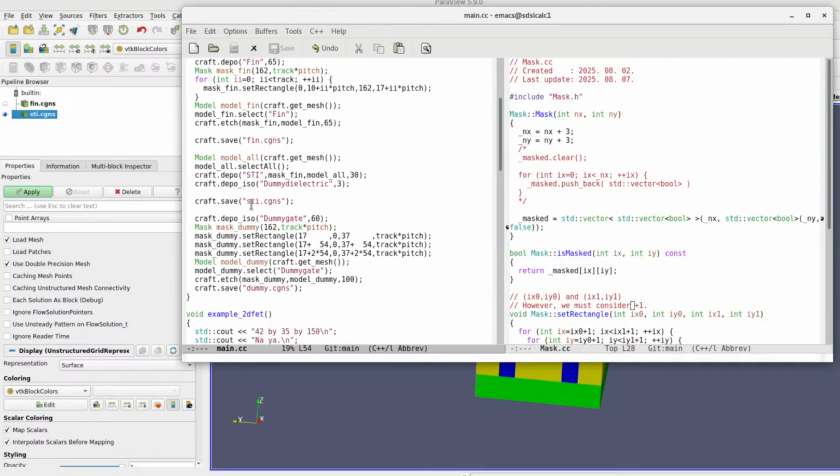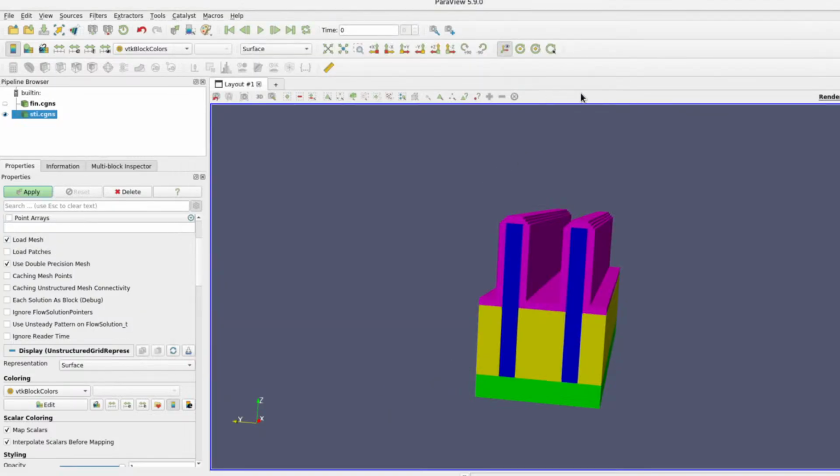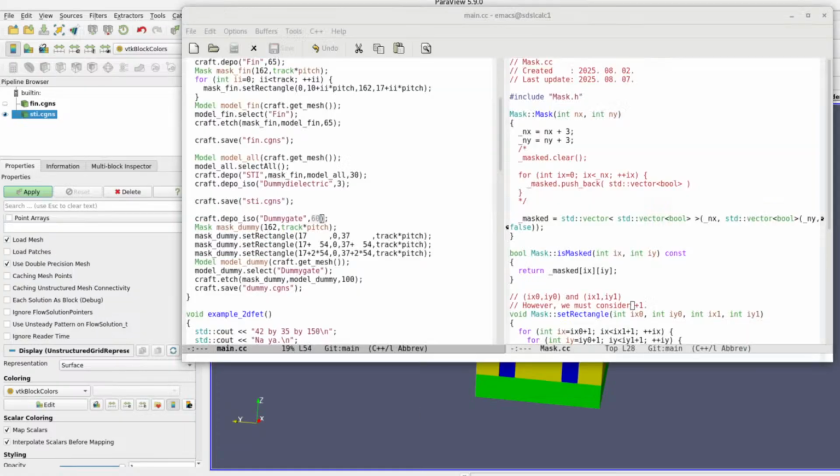And now in this case, we introduce a dummy gate. Usually this dummy gate is made of polysilicon. So we just introduce a relatively thick deposition of polygate, and now you will see that there will be a thick polygate, but it is patterned.